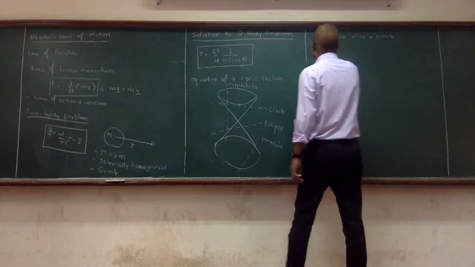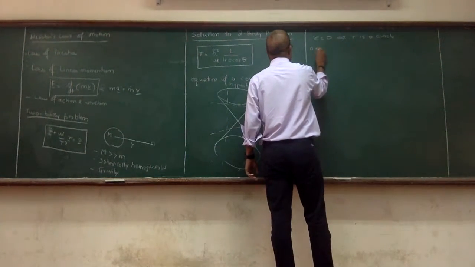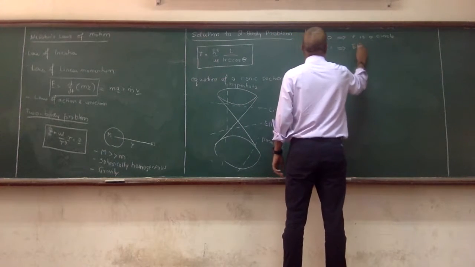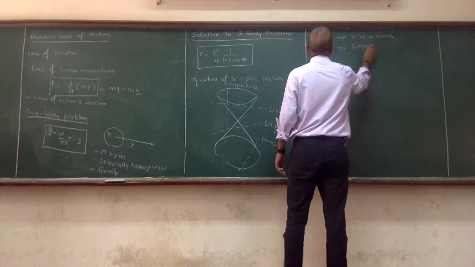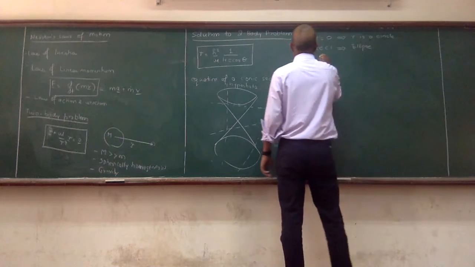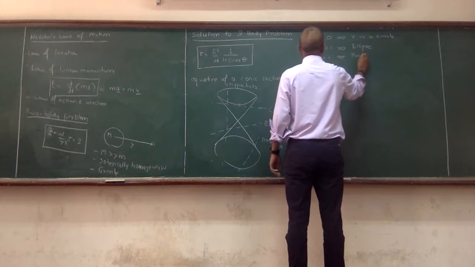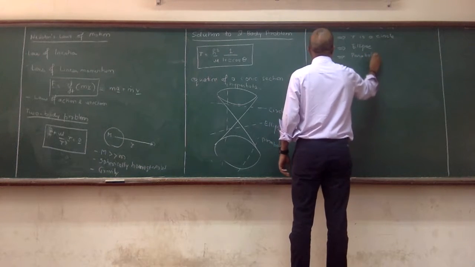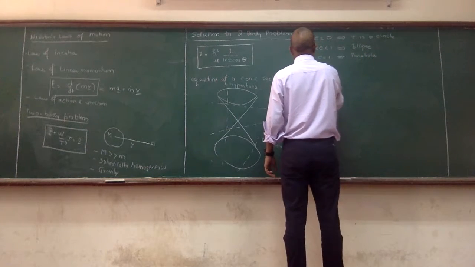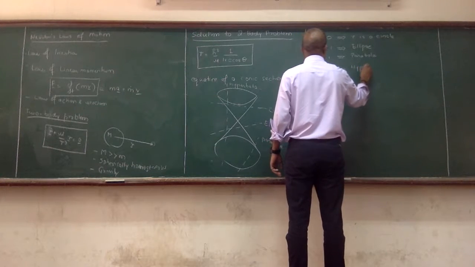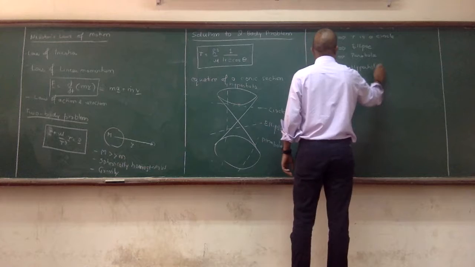Now e, ellipse. e is equal to 1, parabola. e greater than 1, hyperbola.